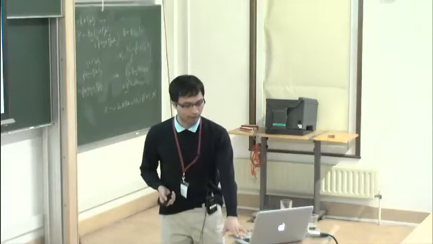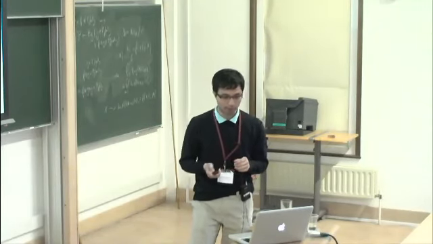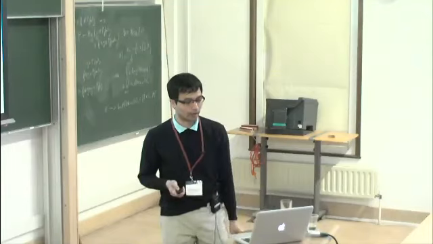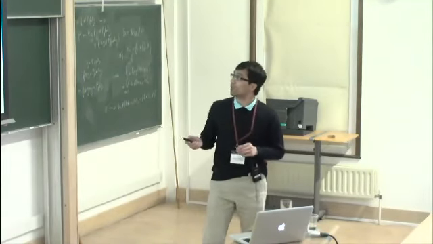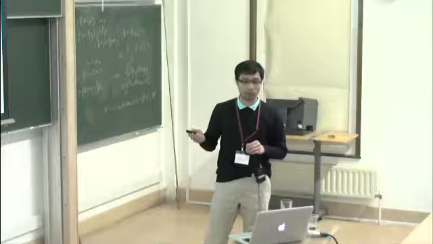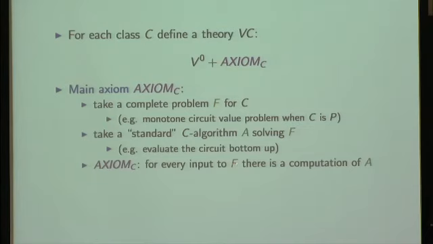And then we take a standard algorithm A that solves F. In the case of the monotone circuit value problem, the algorithm can work by evaluating the circuit in a bottom-up fashion from the input up to the output gate. And then the axiom simply says that for every input to the problem, there exists a computation of the algorithm. So it is an existential statement.